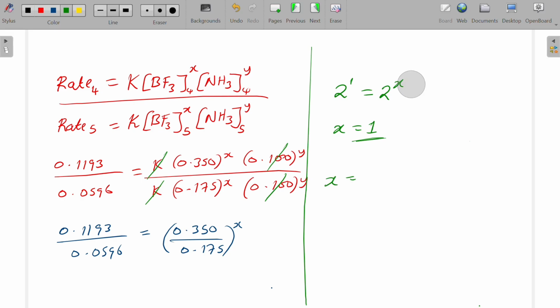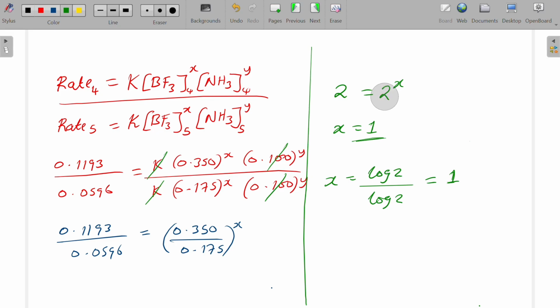But if you don't understand indices, you can still find x. This x is equal to the log of the number that is not holding the variable, which in this case is 2, so log of 2 divided by the log of the value that is holding the variable, so divided by log of 2 again, and this will still give us 1. You may not be able to see where to place the log on top and the log down because the values are the same.